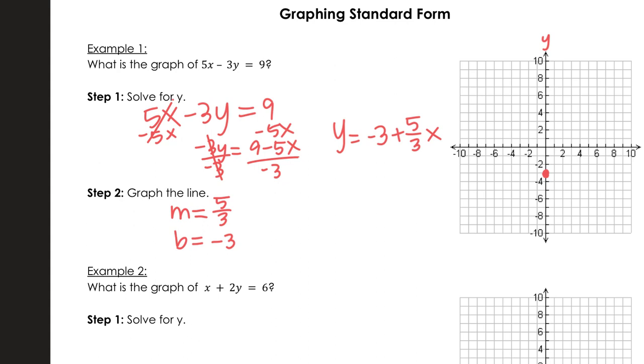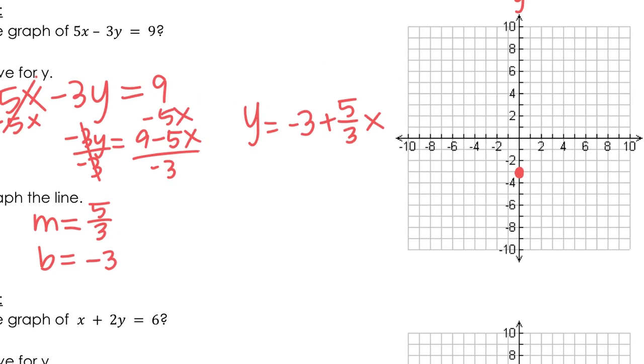And we are going to count our slope. So from that point, we are going to go up 1, 2, 3, 4, 5, and right 3. And let's continue that as we go across our graph. Go up 5 again, 1, 2, 3, 4, 5, and right 3, and make your next stop.